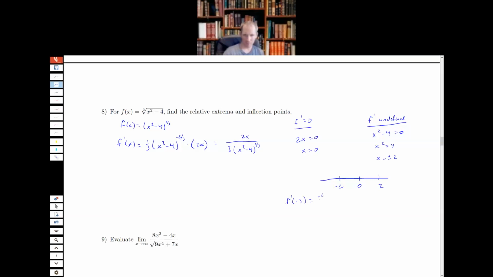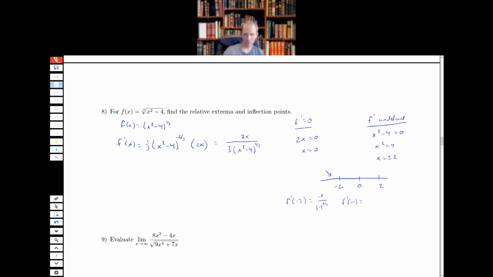In the numerator I get negative 6. In the denominator, negative 3 squared is 9, minus 4 is 5. 5 to some power is positive, times 3 is positive. So I have a negative over a positive, which is negative, so it's decreasing.